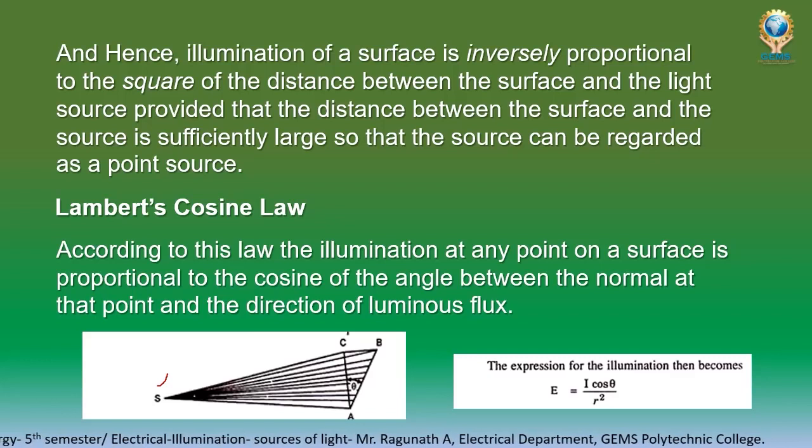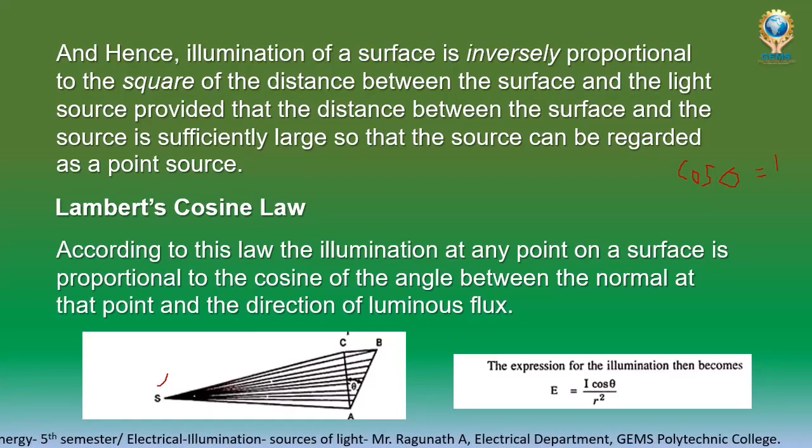After that cos 45 will be 1 by root 2. After that cos 60. So if you see the value, at 0 degree, cos 0 is equal to 1.